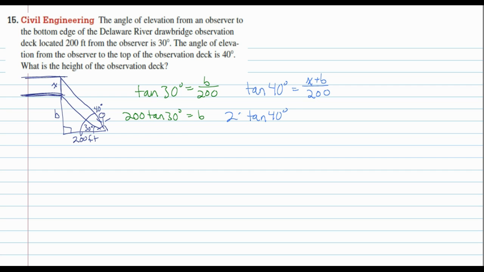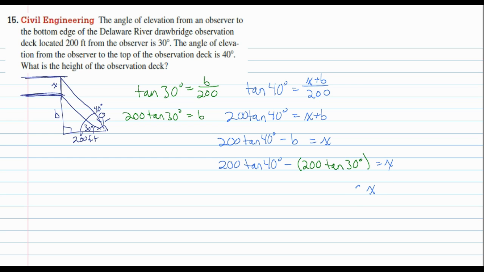So I'm multiplying both sides by 200. And then I'm going to subtract b. So 200 times the tangent of 40 degrees minus b is x. So 200 times the tangent of 40 degrees minus 200 times the tangent of 30 degrees, which is what I found b to be from my other triangle setup, is x.